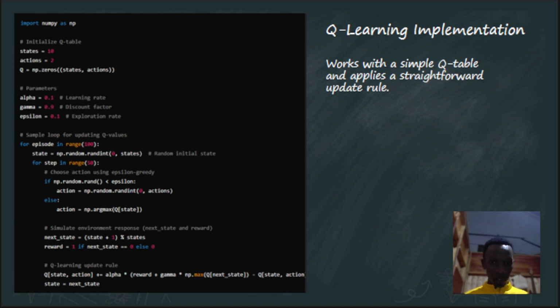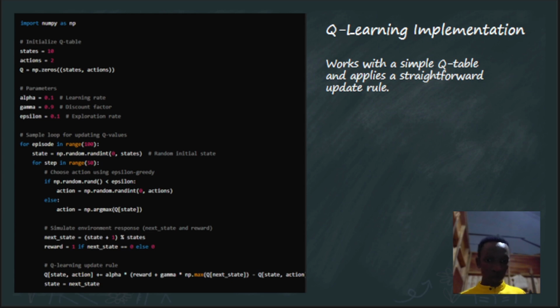The component is a two-dimensional array of shape states by actions. Going further to the parameters, we have alpha, the learning rate, as 0.1. Gamma, the discount rate, as 0.9. And epsilon, the exploration rate, as 0.1.